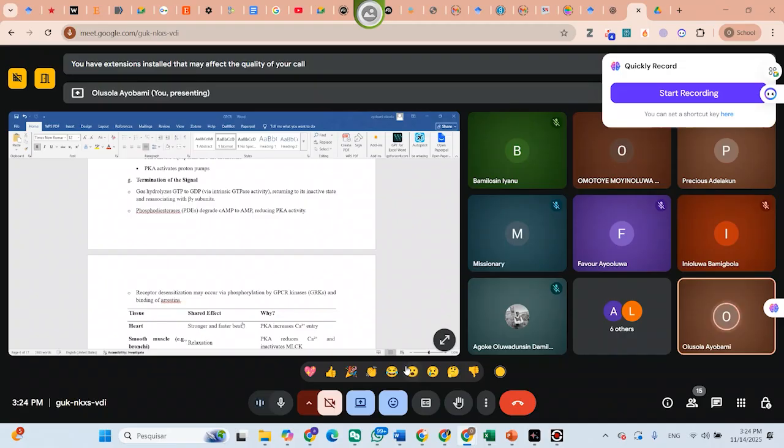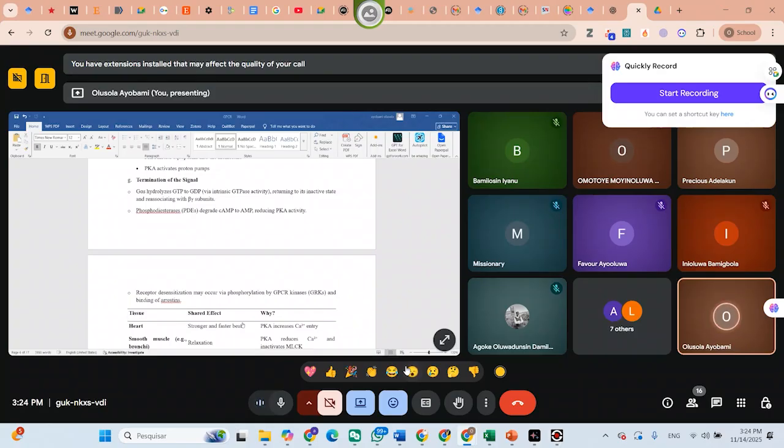So when the GRKs phosphorylate the receptor, of course, fundamentally there's a change in the chemical structure of your receptor, and as a result of that, it will alter its function. Now after this phosphorylation, arrestins bind to this phosphorylated receptor, which will block further G protein activation.